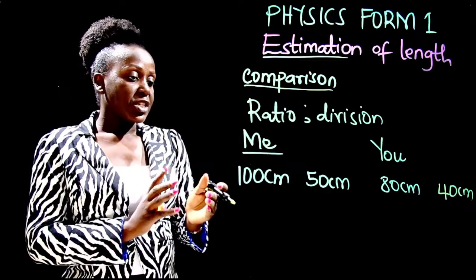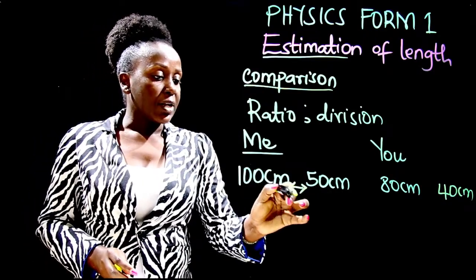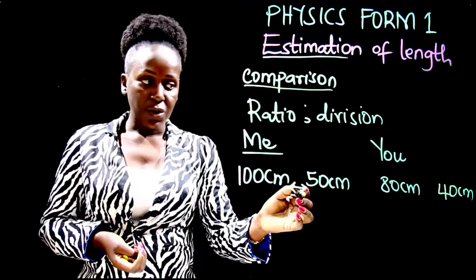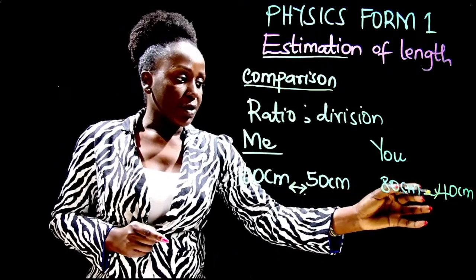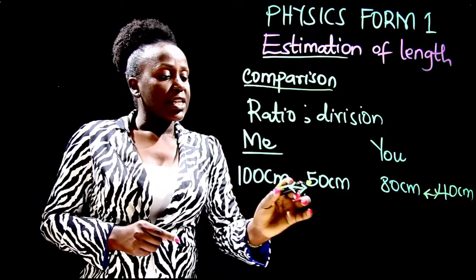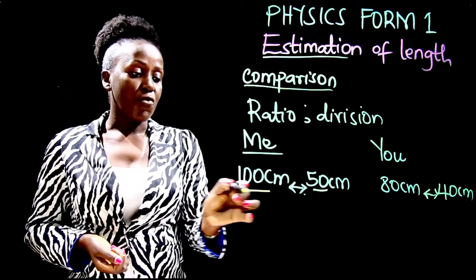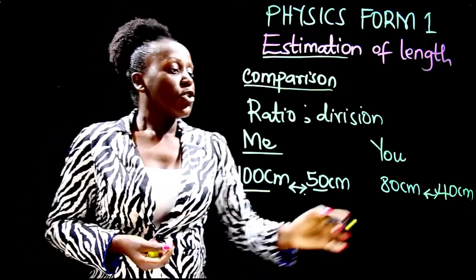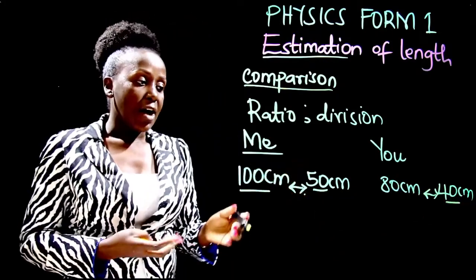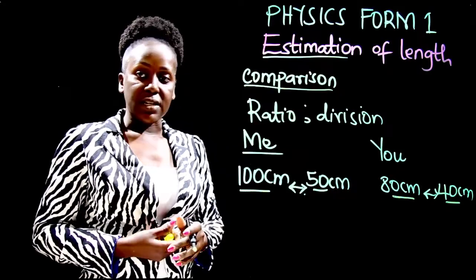Now, are you able to notice the relationship between me and my shadow, and you and your shadow? Looking at this closely, you realize that 50 is half of 100 centimeters, while 40 is half of 80 centimeters.